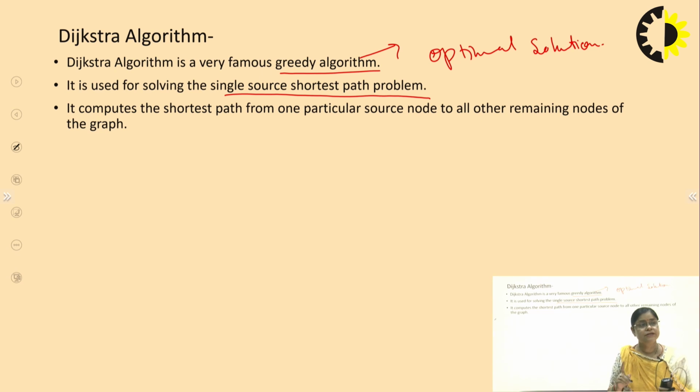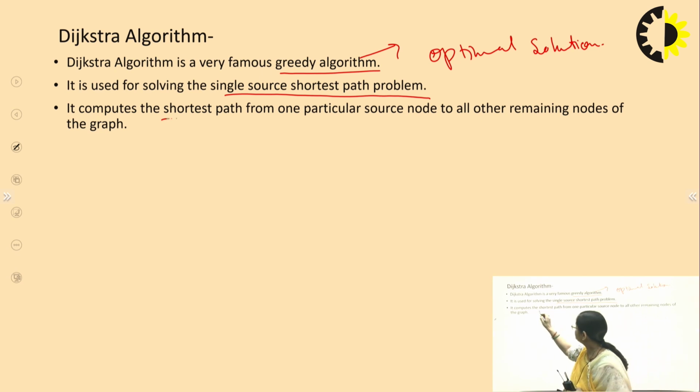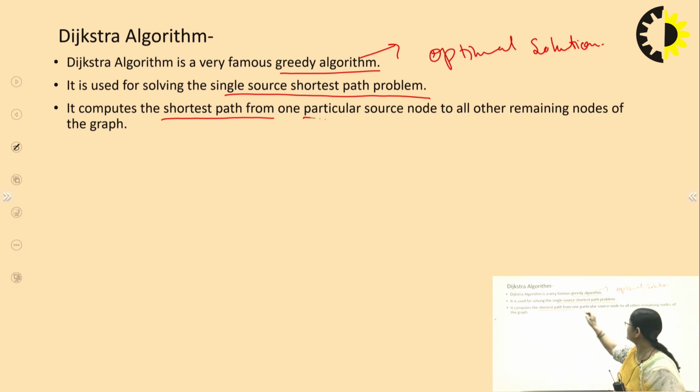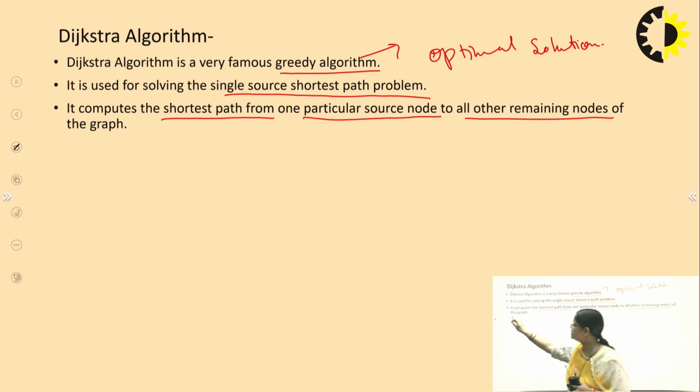In this Dijkstra algorithm, we compute the shortest path from one particular source node to all other remaining nodes of the graph, if you say.